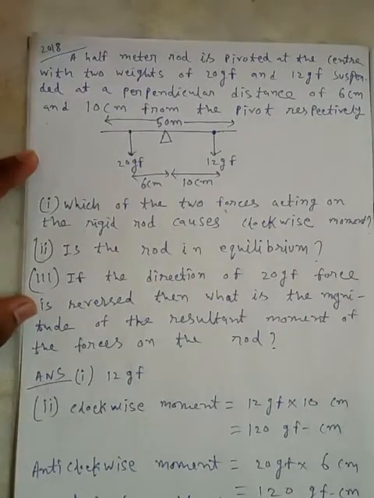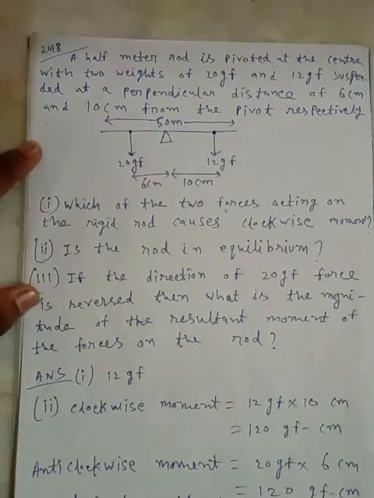A half meter rod is pivoted at center with two weights 20 GF and 12 GF suspended at perpendicular distance 6 cm and 10 cm from the pivot respectively.